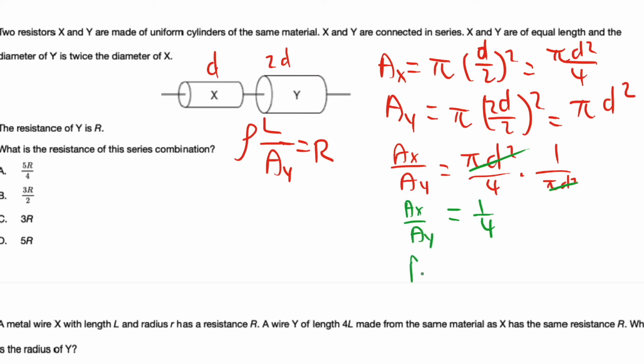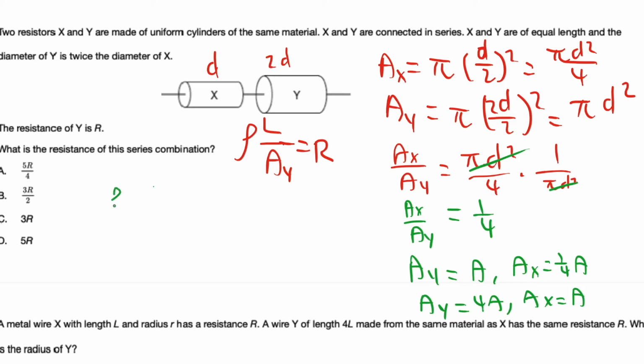So assume A_Y is equal to A. Then A_X will be equal to 1 over 4 A. Right. So for calculation, because I want to make it easy, I'm going to say A_Y is equal to 4A, A_X is equal to A. Right.